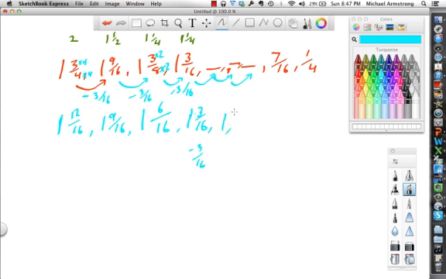And then 1 is the same thing as, so now I'm down below, I'm starting to write things in to help myself get to the next number. 1 is the same as 16/16 minus, so we're still subtracting 3/16.